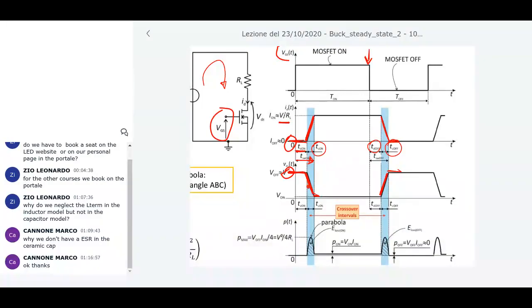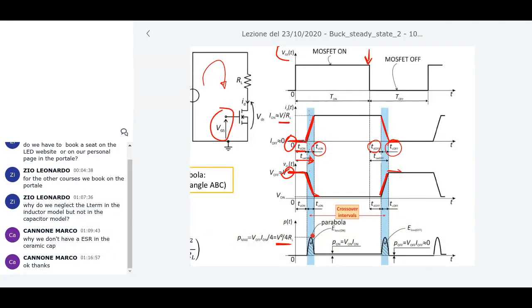If you multiply voltage and current, you get the instantaneous power dissipated by the MOSFET. This is a parabola, which reaches its maximum exactly at the middle of the interval. It is V squared over 4 RL.